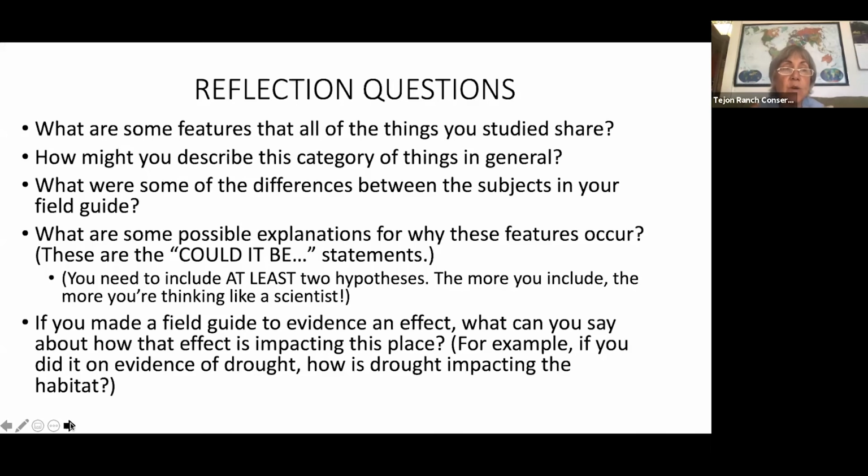All right, the next one. What are some of the differences between the subjects in your field guide? Not what they have in common, but what makes them different. If you look at my field guide, they're all plants. That's what they have in common. That's what I answered in that first question. What makes them different? One is a tree that is many, many years old. One of them is a perennial bush shrub that grows all year round, or at least leaves out all year round.